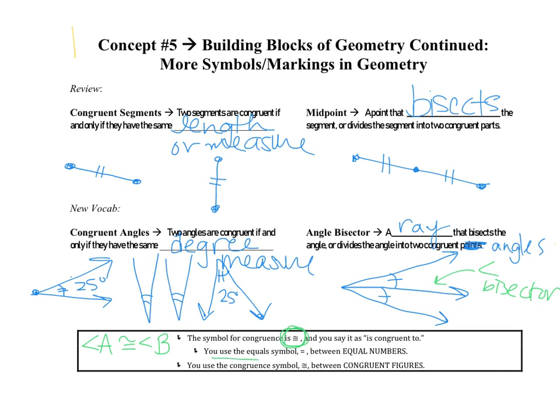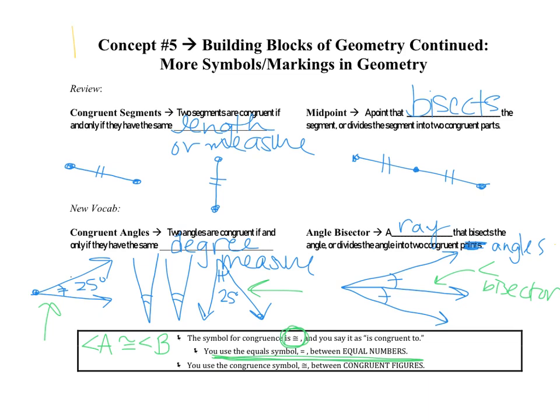We use the equal symbol between equal numbers. So you might use that in a situation where if we look at these two angles here, I could say the measure of this angle is equal to the measure of this angle. So if we're talking about the measure of it, that's referring to the degree number. And we're going to talk about how you would write that in a second. We'll look at some examples.